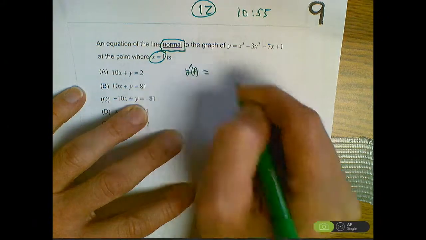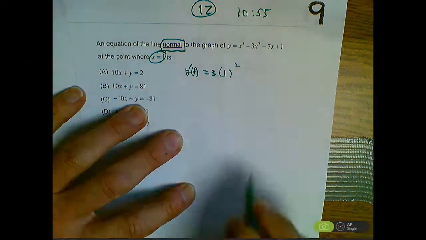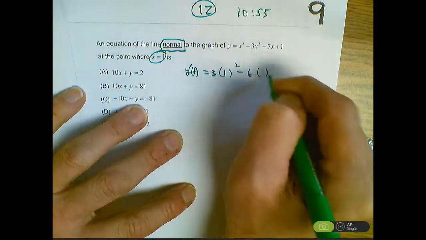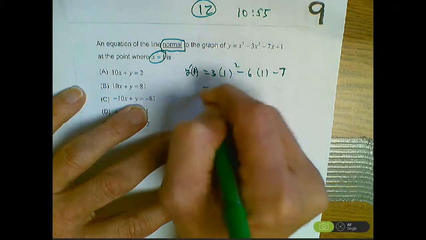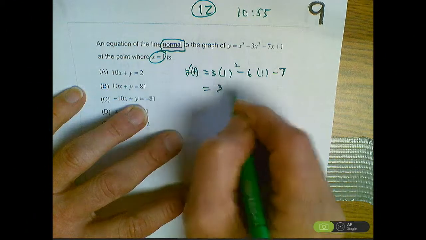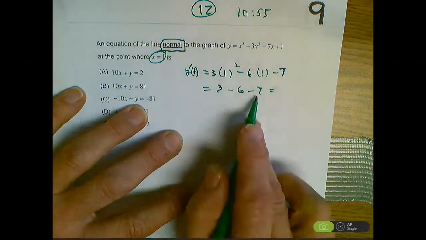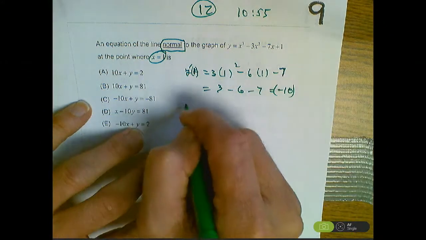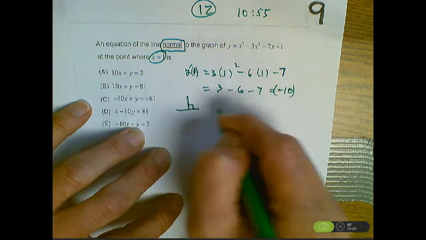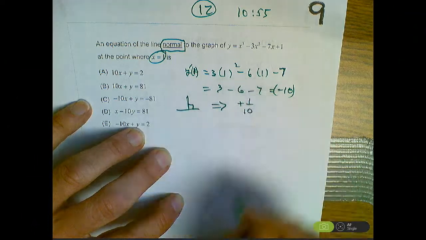At 1 it is going to be 3x squared, put a 1 in there, minus 6x, put a 1 in there, minus 7. So the slope we're looking for is 3 minus 6 minus 7. That's minus 13 plus 3. That's a negative 10 slope. My perpendicular slope now is going to be positive 1/10.